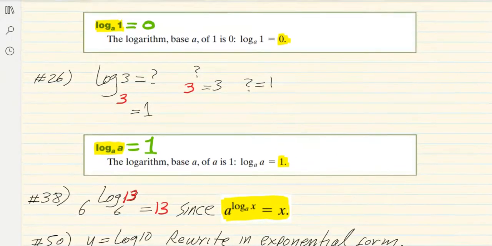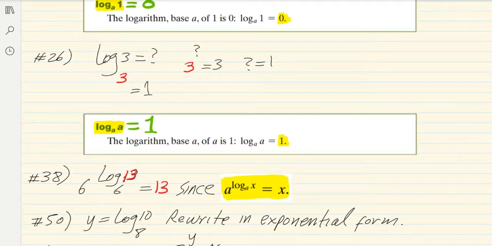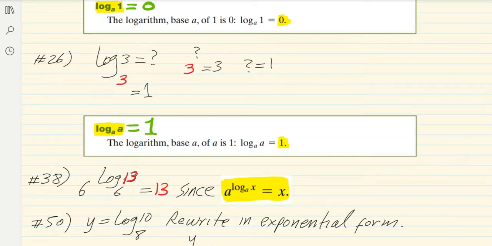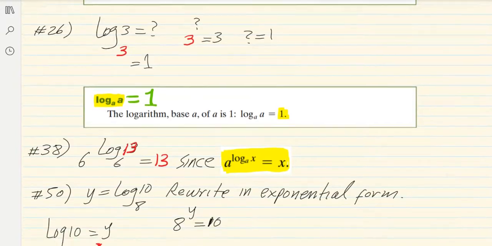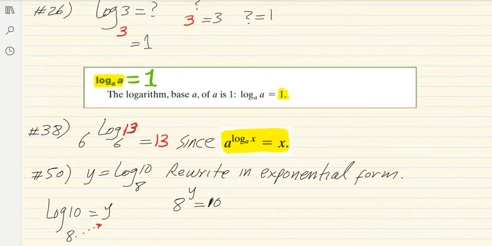Number 50. In number 50, the question reads, we have y equal log base 8 of 10. The question reads, rewrite in exponential form. So, by meaning of logarithms, log base 8 of 10 equals y. That means, remember the definition of logarithms, this means what you see here now.